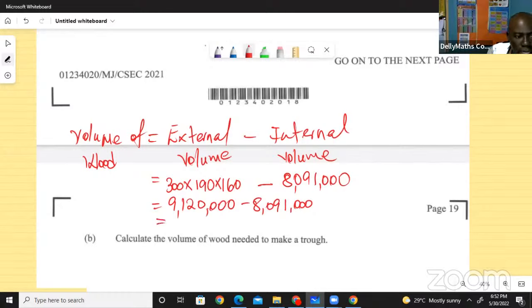So it leaves us with the volume of wood needed would be 1,029,000 cm cube. So we need 1,029,000 cm cube of wood to make those troughs. So that's the response. Let's look on that solution there.